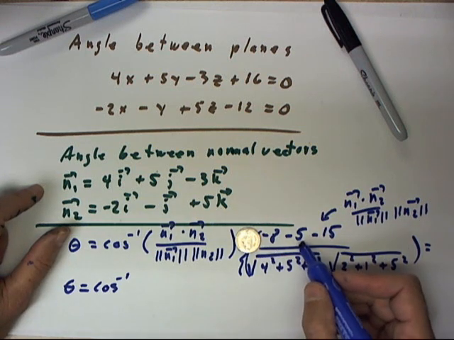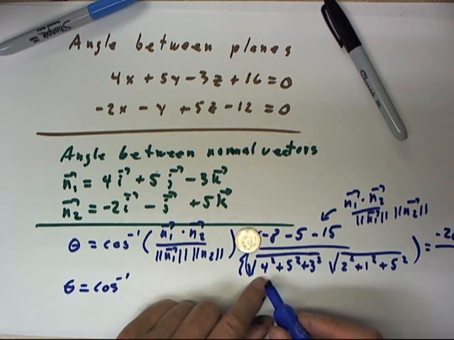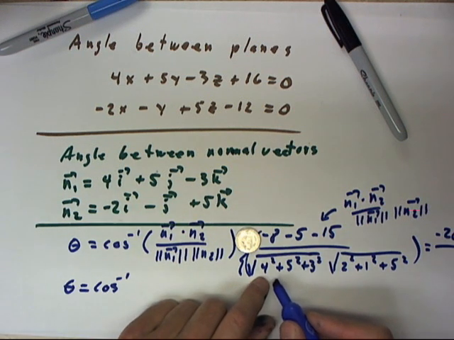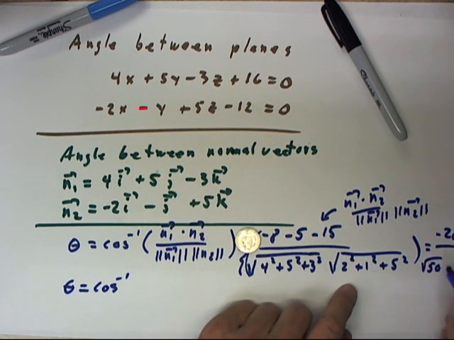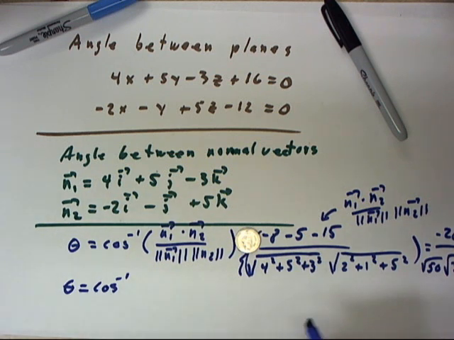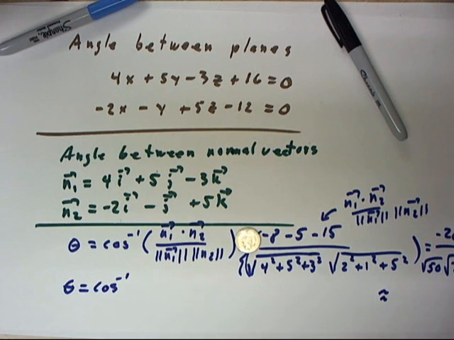This is negative 28 over the square root of 50, and this is going to be the square root of 30. And 50 times 30 is 1500.